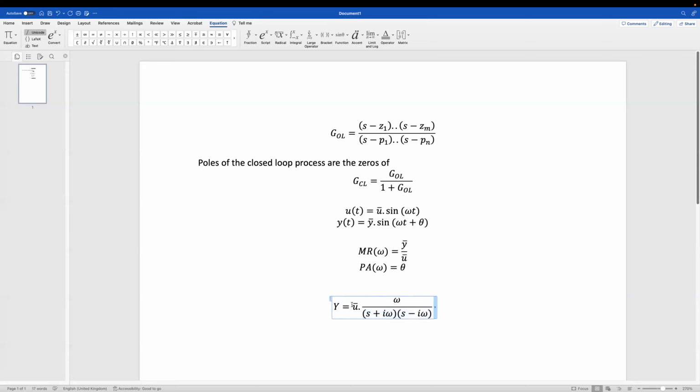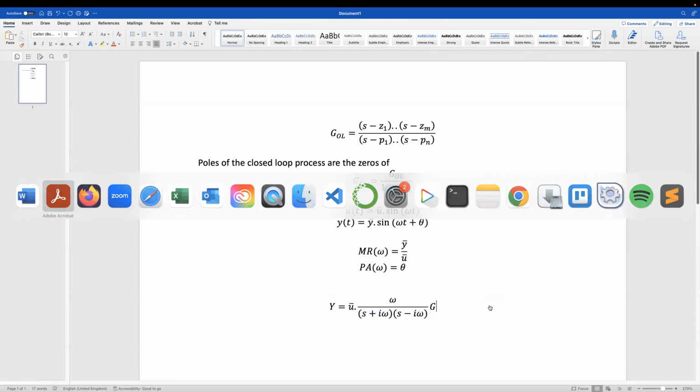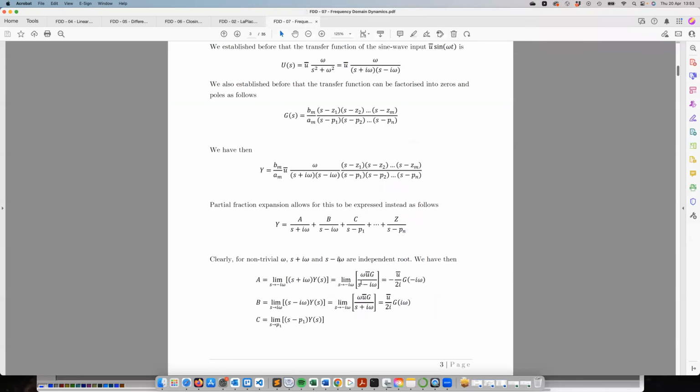So that's our u part, and then times g here. So if we look back at what we have right here, that's all it is, right? We've multiplied by s plus I omega, so that part is cancelled out, leaving us with this. And we are looking for the limit as this goes to minus I omega.